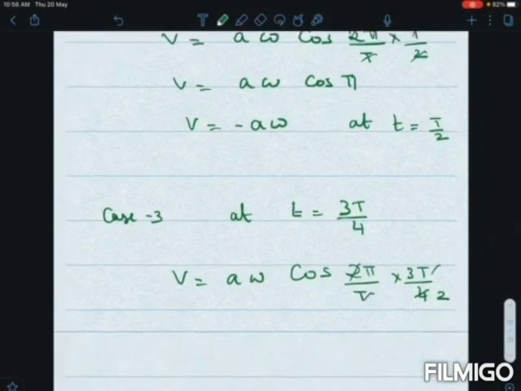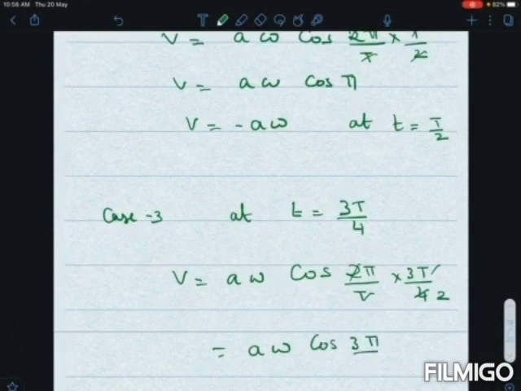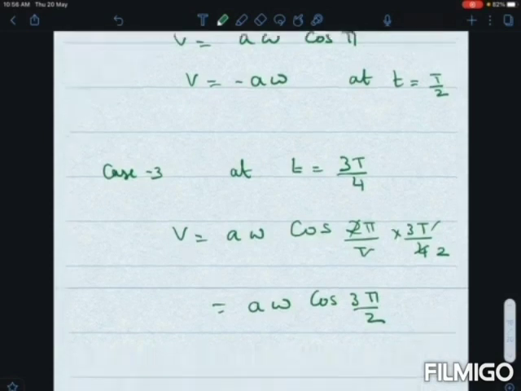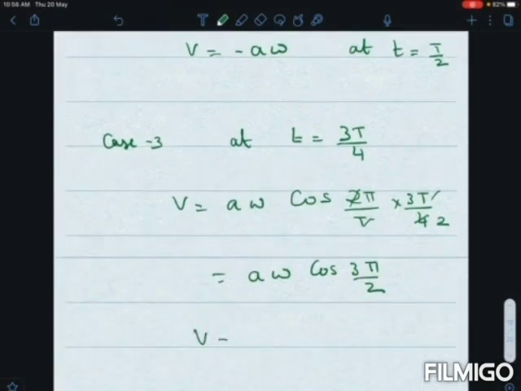So you have 3 by 2, so a omega cos 3 pi by 2, and cos 3 pi by 2 is nothing but 0, and V will be equal to 0 at 3T by 4.